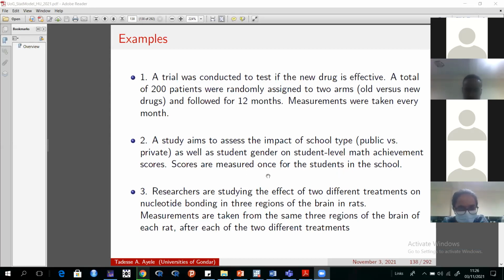The scores are measured once for the students in the school. The third is researchers studying the effect of 2 different treatments on nucleotide binding in 3 regions of the brain in rats. Measurements are taken from the same 3 regions of the brain of each rat after each of the 2 different treatments. These 3 examples indicate 3 sources of correlation. The first one is longitudinal, the second is cluster, and the third is repeated measures.